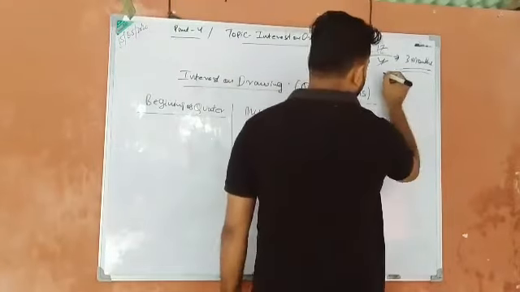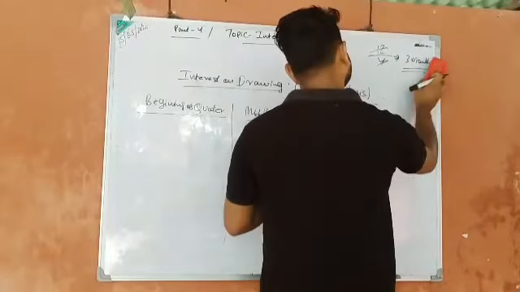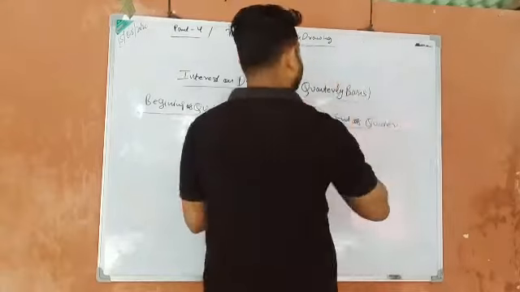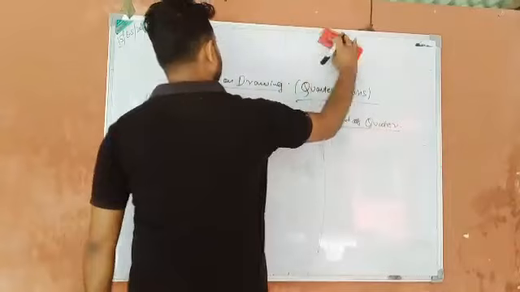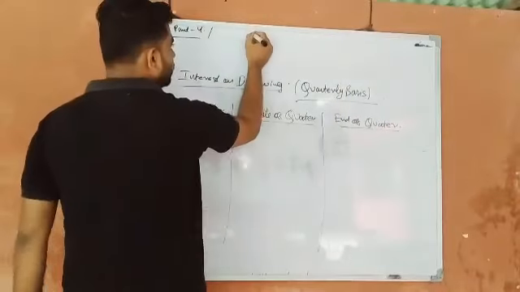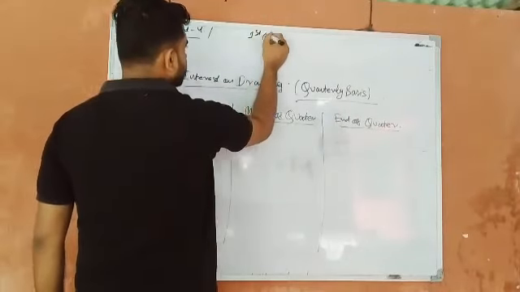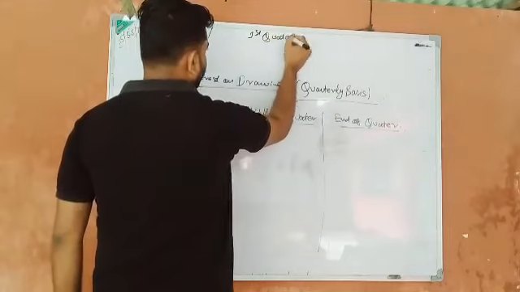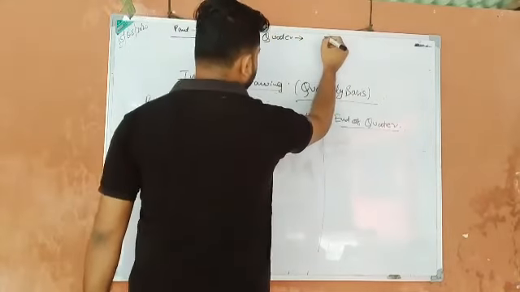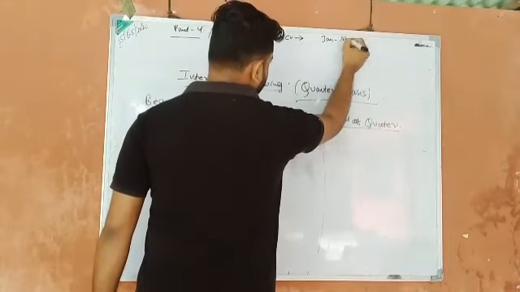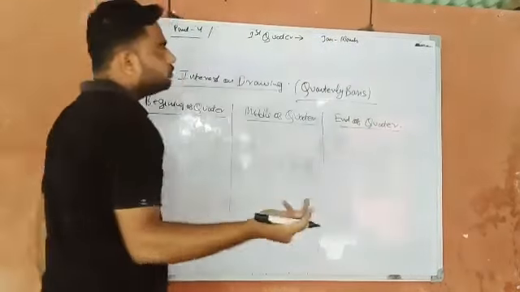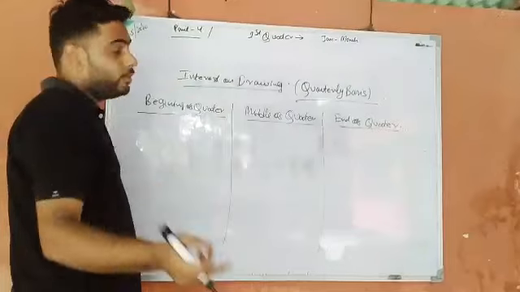So my first quarter is going to consist of January to March, because 3 months should be there: January, February, March.